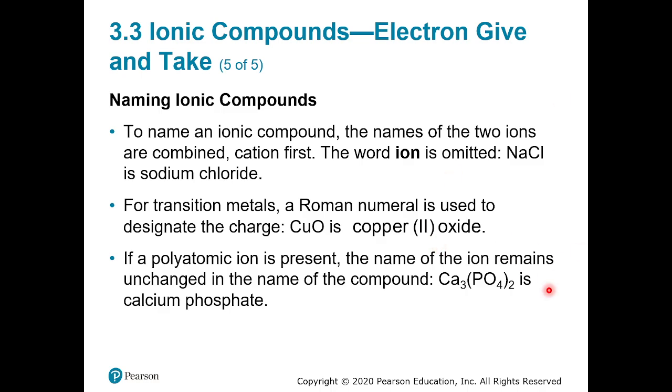Okay, now polyatomic ions. Whenever we have a polyatomic ion present, remember that these are all together and they are a single ion. So phosphate is a single ion and it's a polyatomic ion, right? Okay. And remember, it has a 3- charge. So what we'll do is we'll just take that polyatomic ion. If we have to put a number next to it, we're going to put parentheses around it.